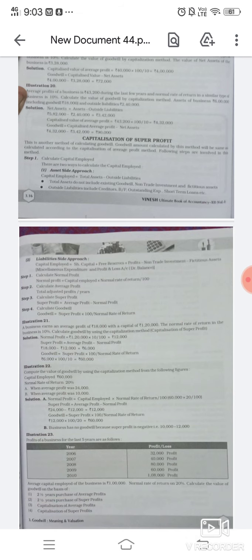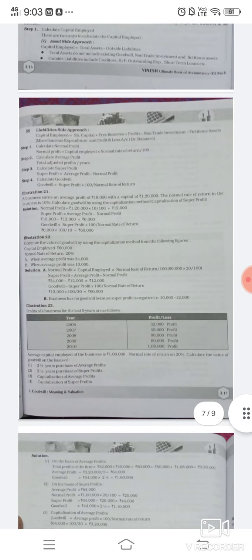And see illustration 23. The profits for the last 5 years are given in the sum, and there is no loss in the sum, so no problem. Average capital employed is given directly, the normal rate of return is also given directly, and they ask us to calculate the value of goodwill on the basis of 2.5 years purchase of average profit and 2.5 years purchase of super profit.